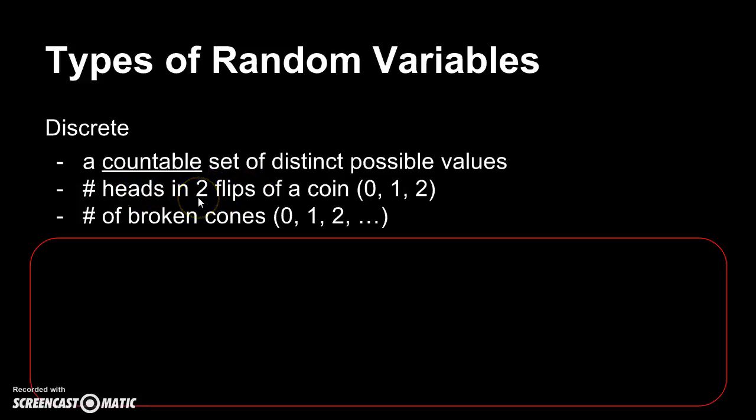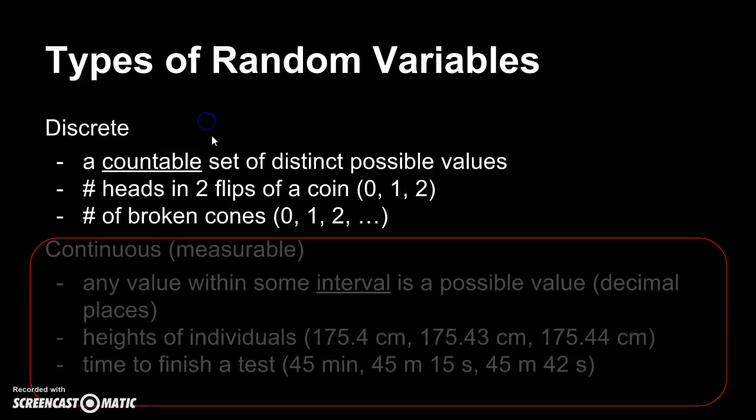We can count: 0 heads, 1 head, or 2 heads. Or the ice cream example, the number of broken cones. We can have 0, 1, or 2 broken cones, right? So as long as it's something that can be counted, that random variable is called discrete.